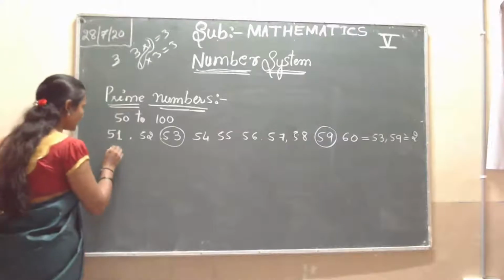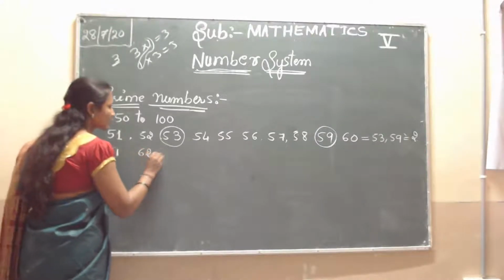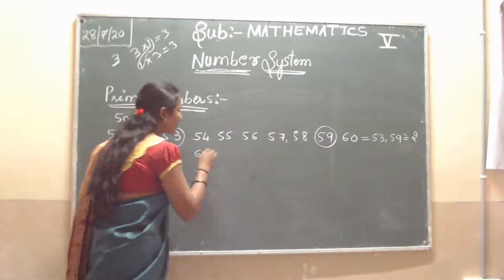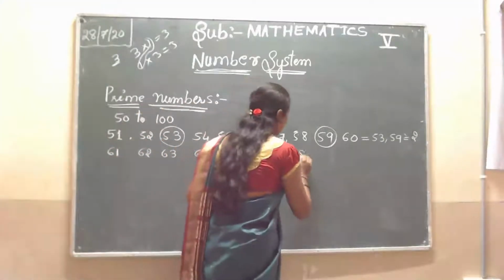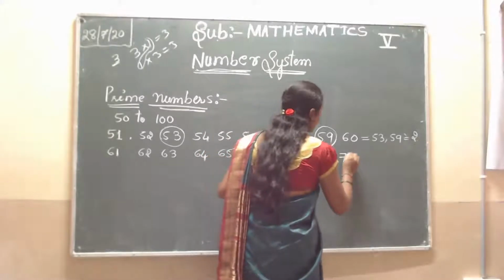Now 61, 62, 63, 64, 65, 66, 67, 68, 69, 70.